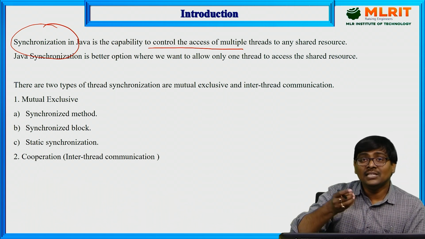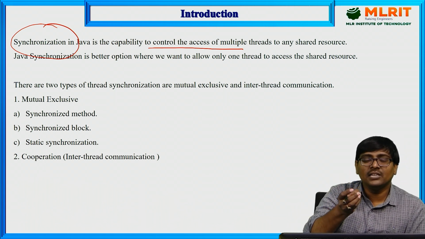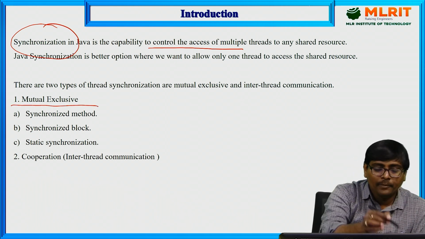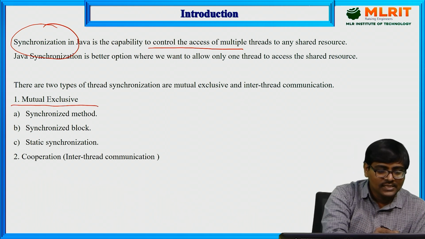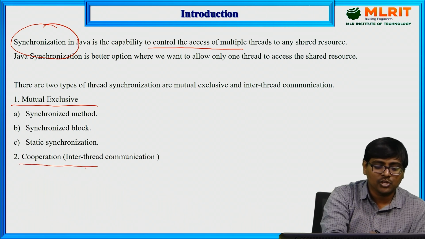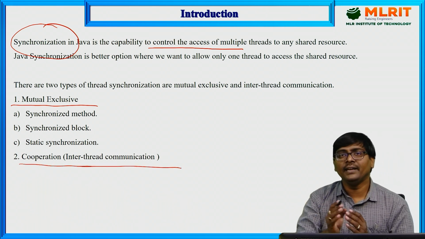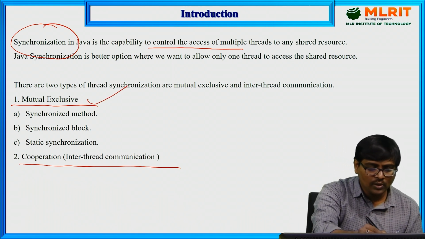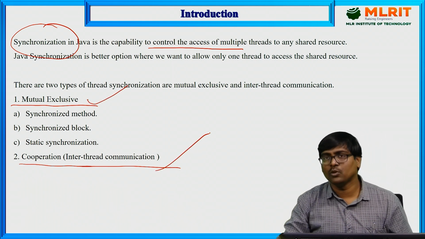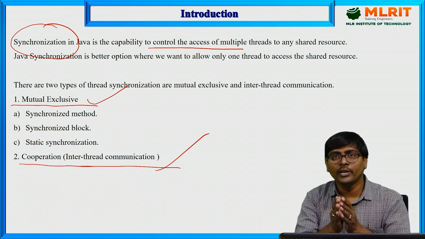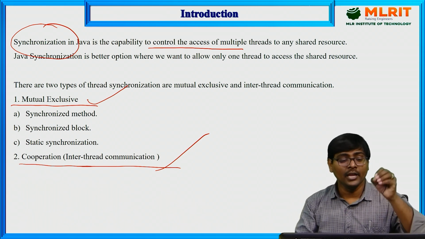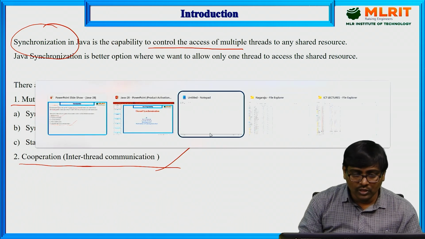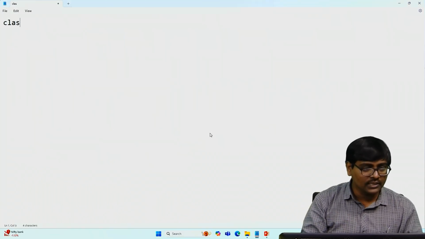Now, in Java, synchronization is achieved in two ways. First one, mutual exclusion. Second one, cooperation, also called inter-thread communication. Before explaining mutual exclusion or inter-thread communication, first you need to understand what happens if you do not follow synchronization. I will show you with one example, a simple example.